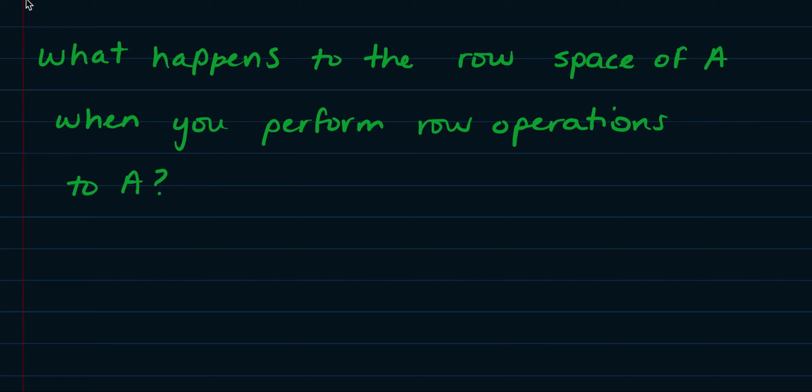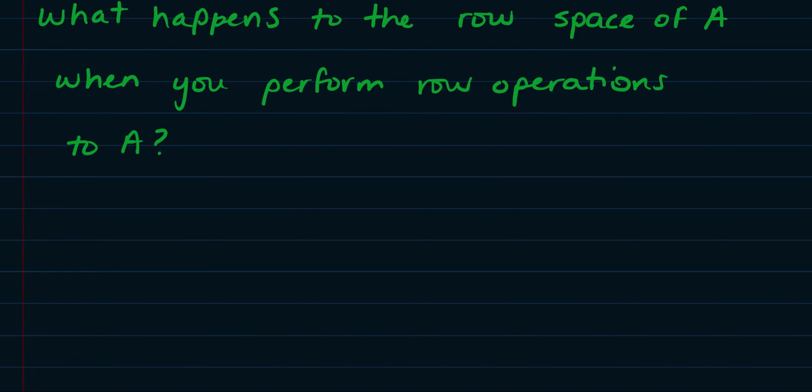So we're going to focus on figuring out the row space and the column space of a matrix. And a good question to ask is, what happens to the row space of A when you perform row operations to A? So let's think about this. We have this matrix A that's m by n, and we can also write A as just a bunch of rows.